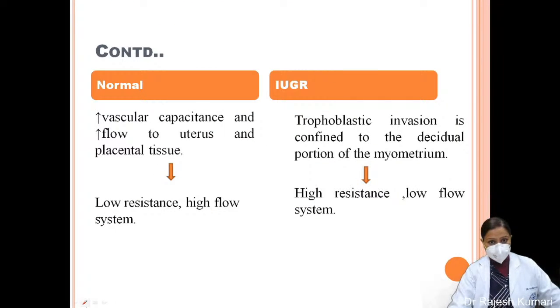So in normal pregnancy, there is increased vascular capacitance and increased flow to the uterus and placental tissue, a low resistance, high flow system. In IUGR, trophoblastic invasion is confined to the decidual portion of the myometrium and there is a high resistance, low flow system.